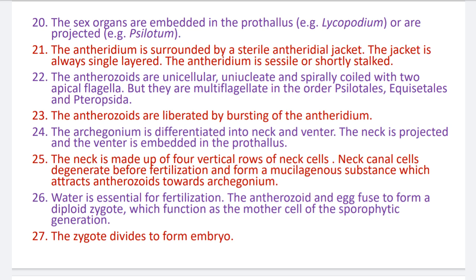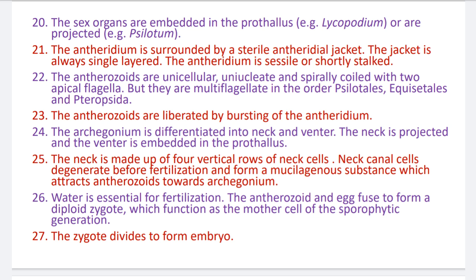Neck canal cells degenerate before fertilization and form the mucilaginous substance which attracts antherozoids towards the archegonium. Very interesting thing is that before the fertilization in mature archegonium, the neck canal cells and venter canal cells will degenerate, they will disappear, they will be dissolved, and the mucilaginous substance develops.